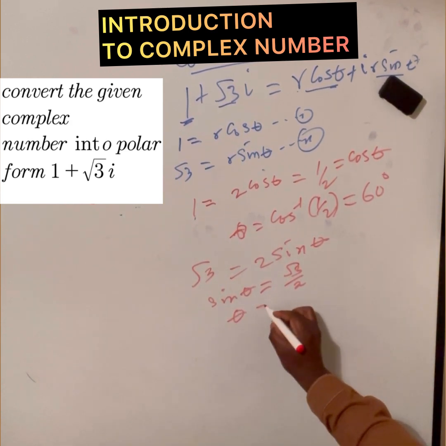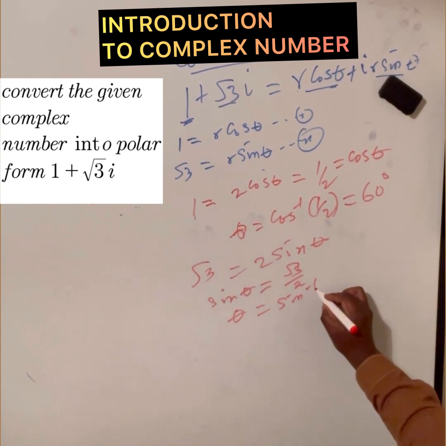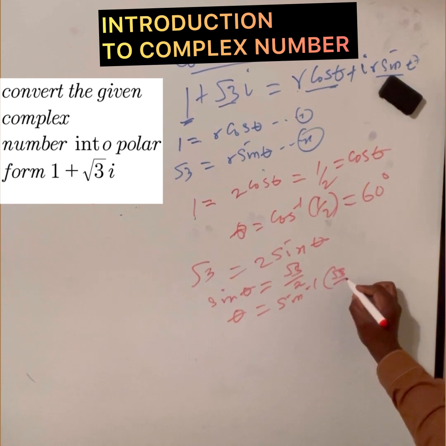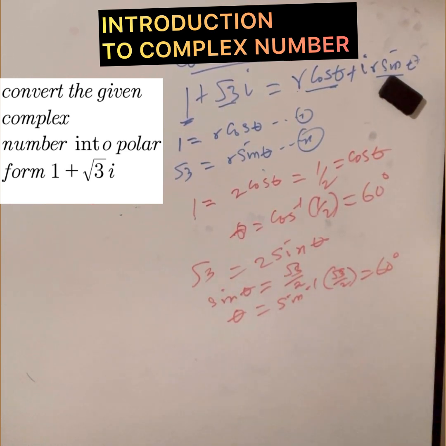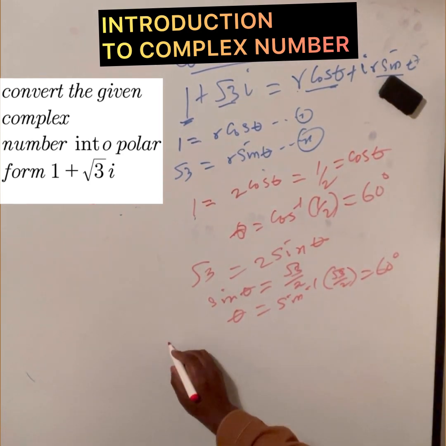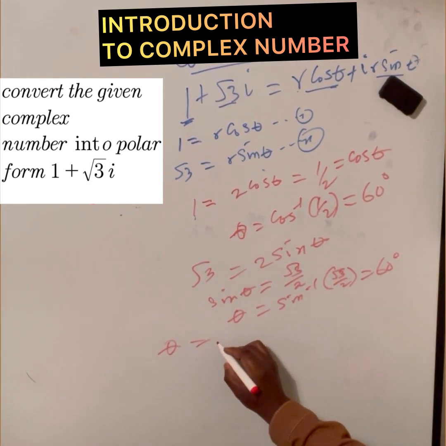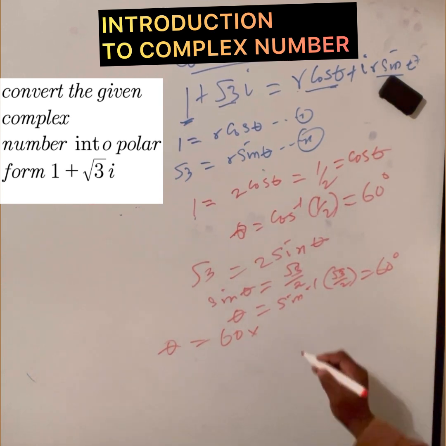Then theta, sine inverse, if you check your calculator, sine inverse of square root of 3 over 2 is going to give me 60 as well. So you can see the angle, which is the argument, is 60 degrees. Because it's in the first quadrant, you don't do further calculation.